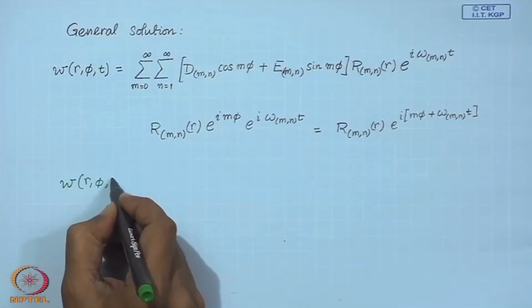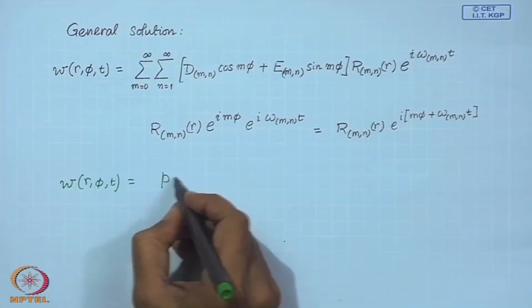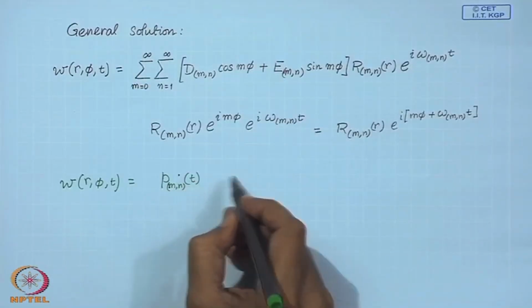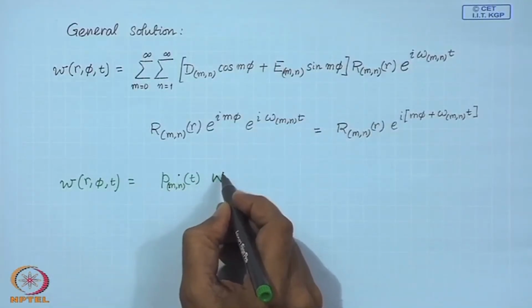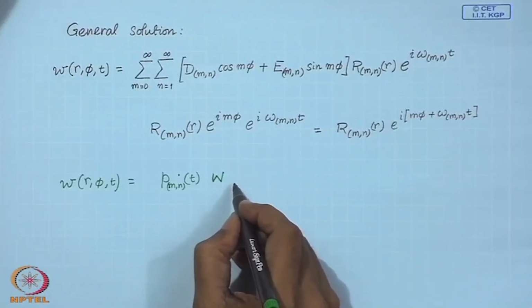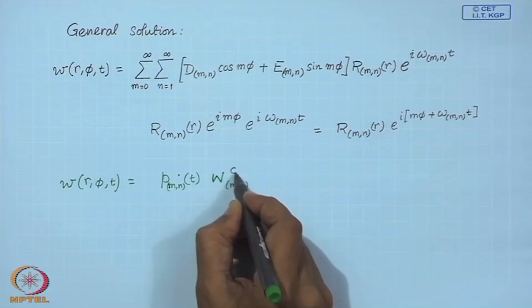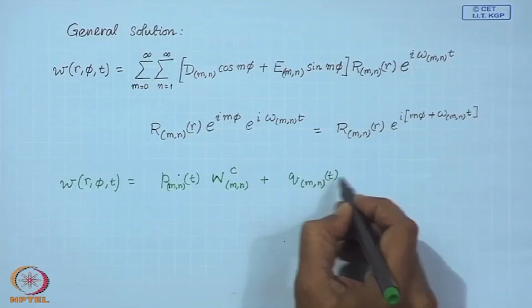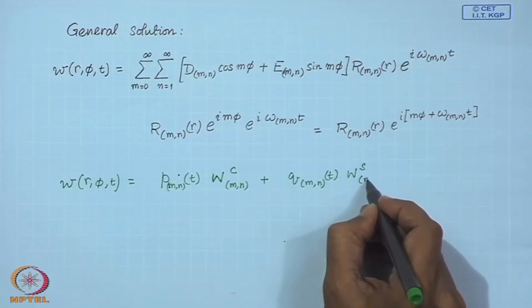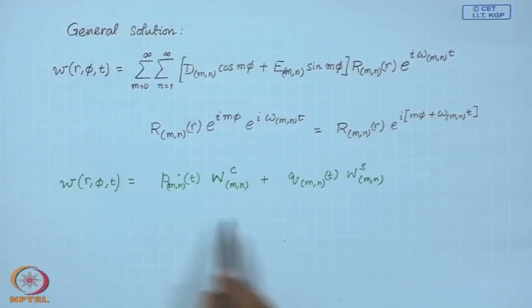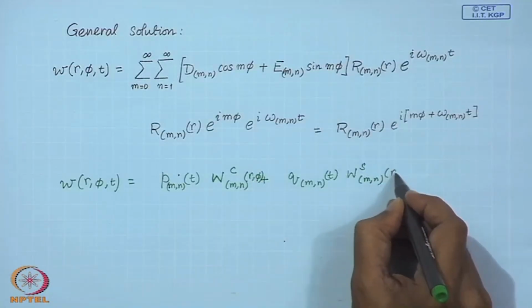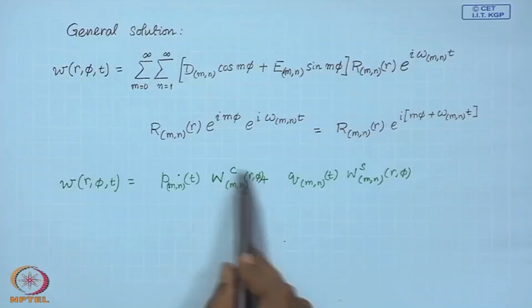So, for example, I can write the solution like this. This is the cosine mode, this is a sine mode.